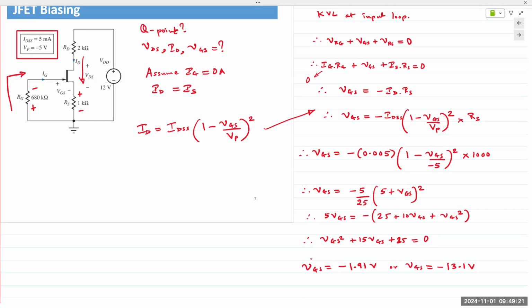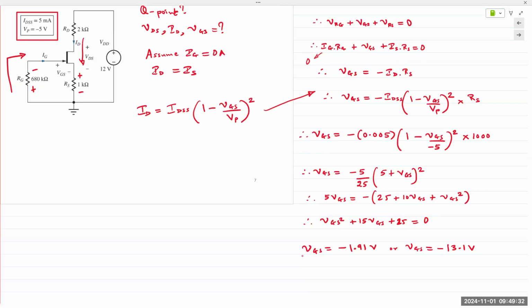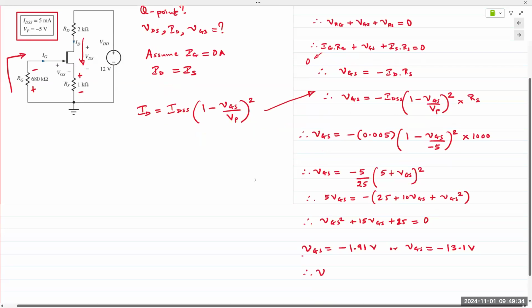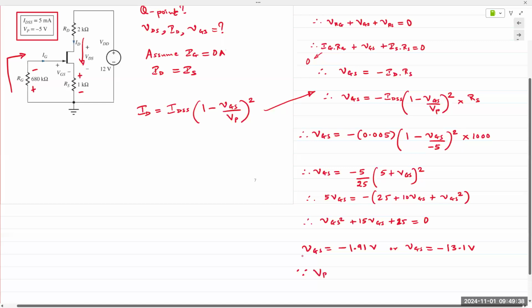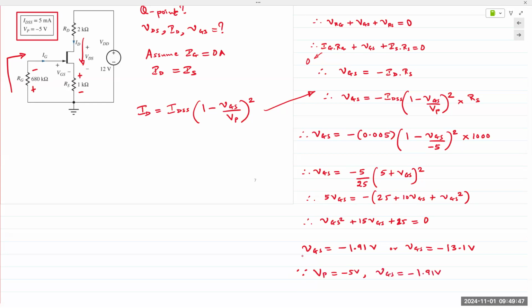VP is given to us as minus 5 volts. 13 is larger than 5. It would be in cutoff region. That is the correct answer. And so VGS, since VP is minus 5 volts, VGS is equal to minus 1.9 volts.